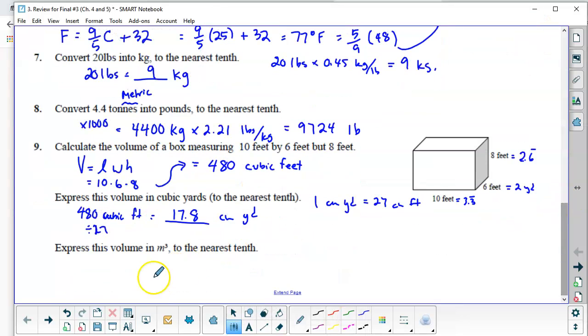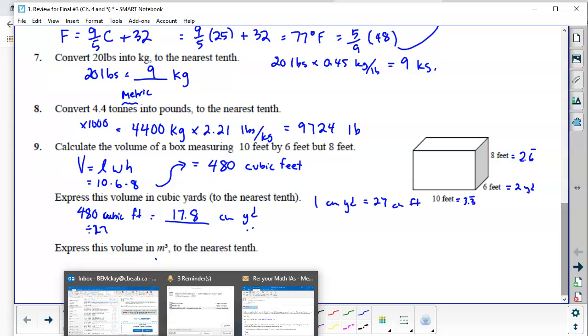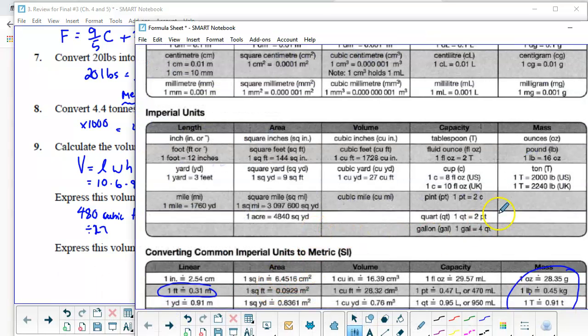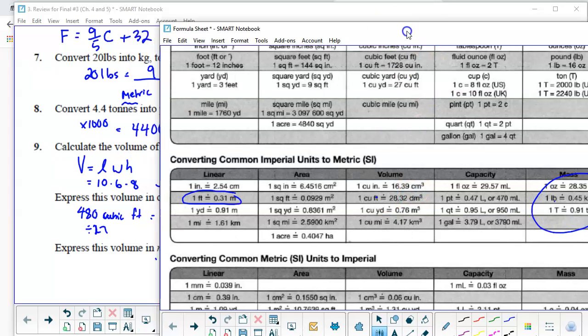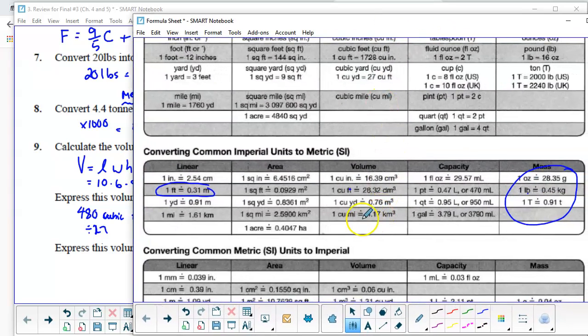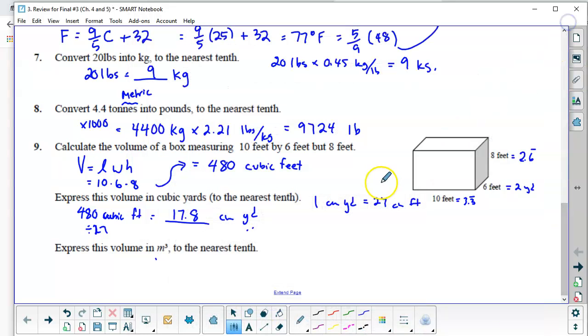And then express the volume in meters cubed to the nearest tenth. So when I'm going to do this one, I'm going to look for my conversions, see if there's from cubic feet or cubic yards to cubic meters. Probably it's going to be yards to meters, but let's just see here. So I'm going from imperial to metric, and I've got cubic feet to cubic centimeters. I want to go to meters. So I've got cubic yards to cubic meters. So I'm going to use that, 0.76.